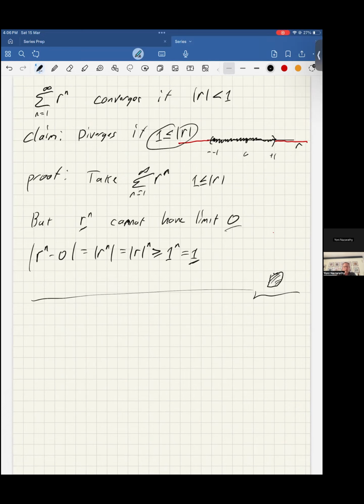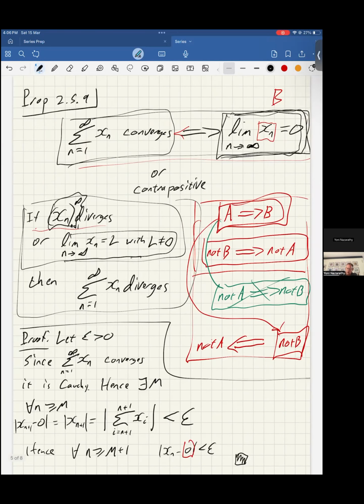That's not the case when r equals minus 1, because that's an alternating sequence. But still, we don't get a satisfactory answer, because we might think, let's try to prove the direction that any series that has its general term x sub n going to 0 will also converge. But this direction is not correct.